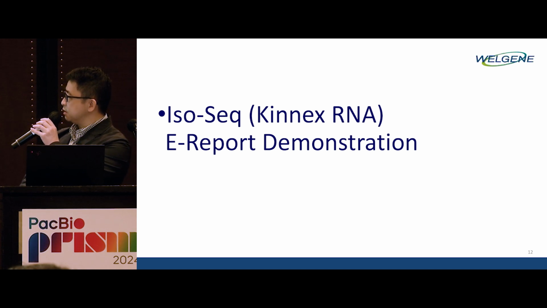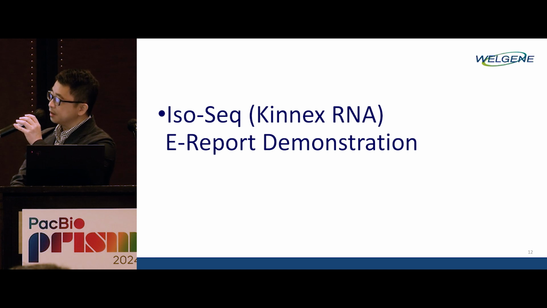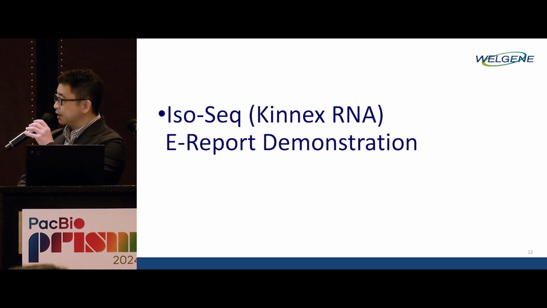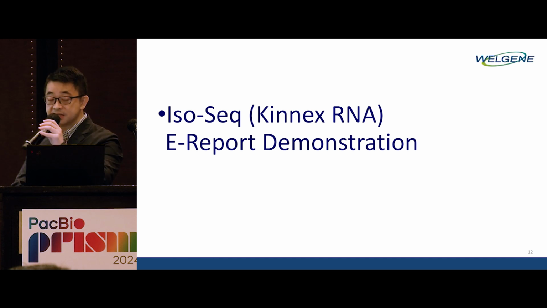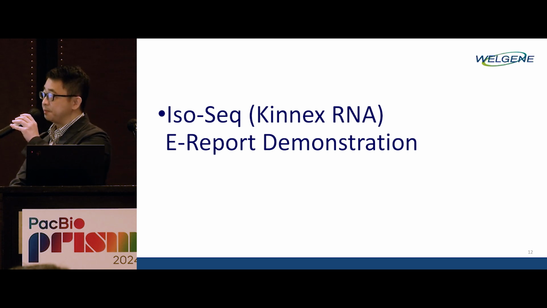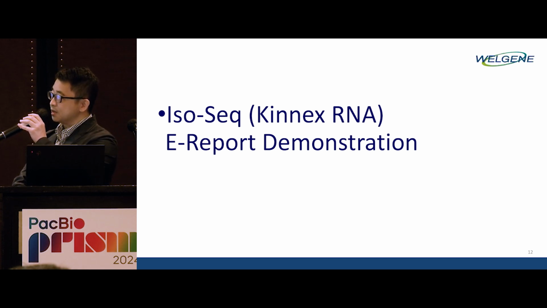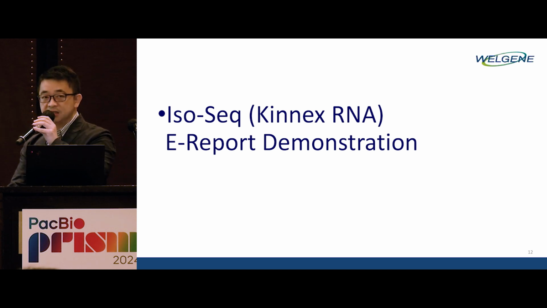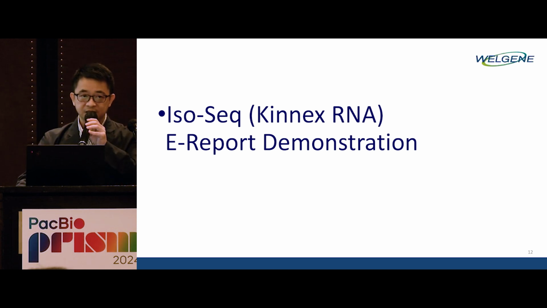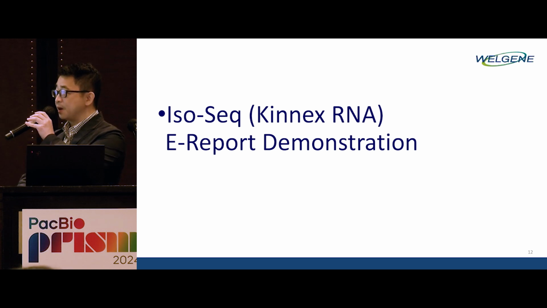Now you can see here, the top section is the NCBI reference, and the bottom is the UCSC database. Here, the names starting with the letters PB mean transcript data from the PacBio instrument.